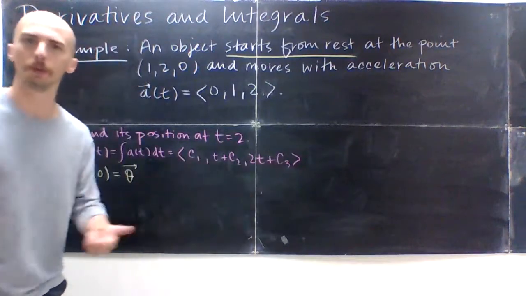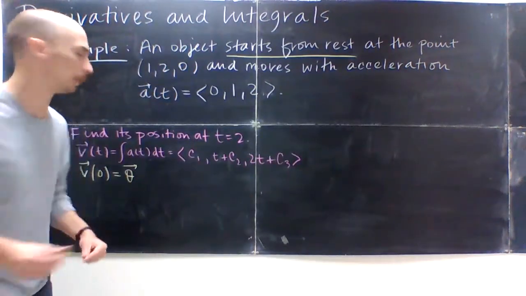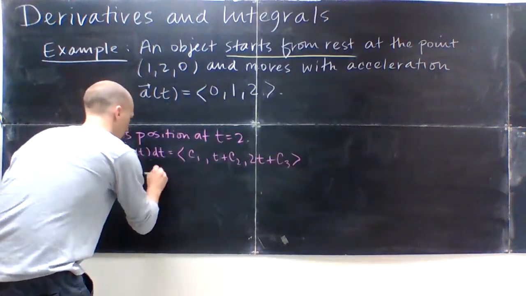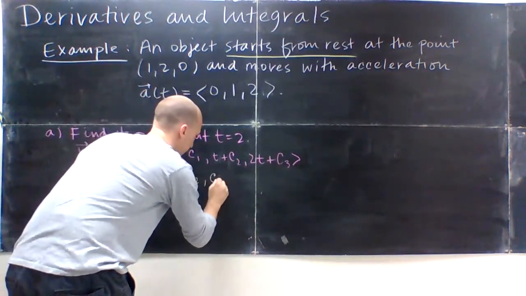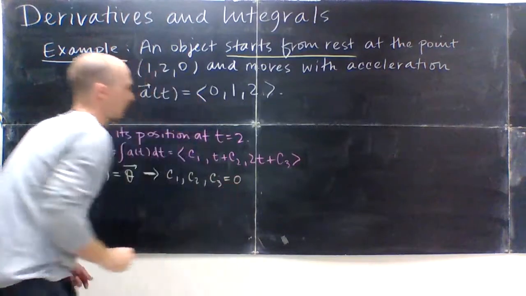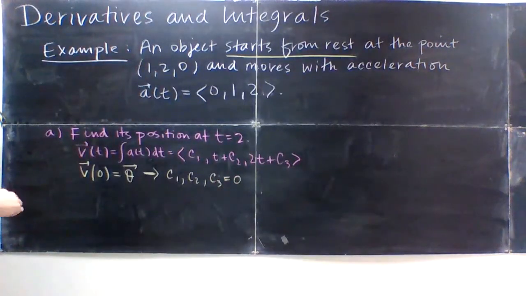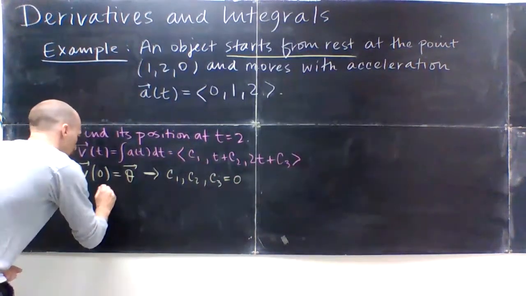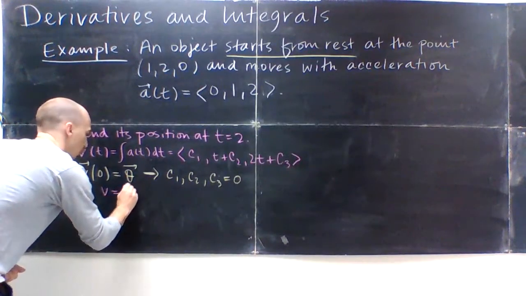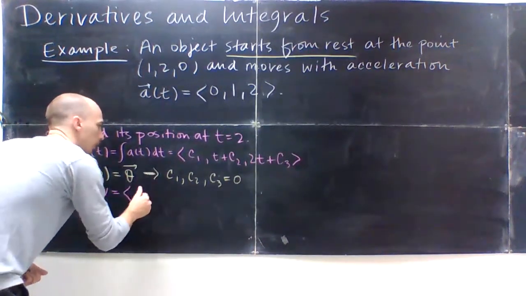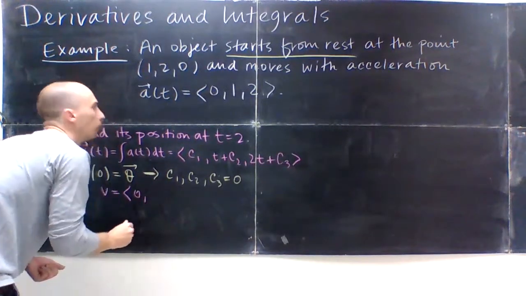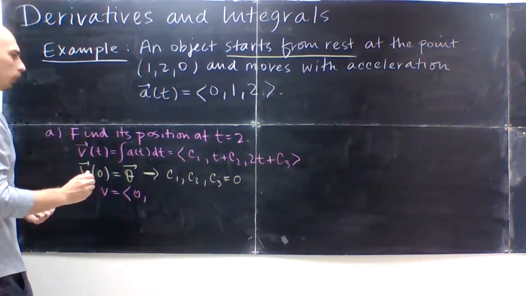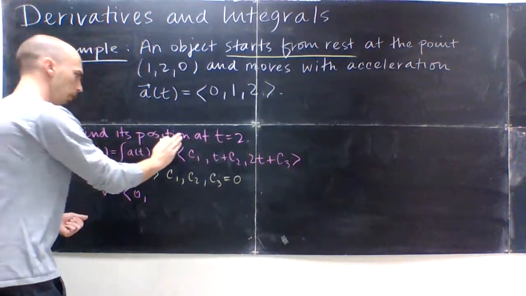So that means to me that c1, c2, and c3 all need to be 0. All right, so v is going to be equal to (0, t, 2t).